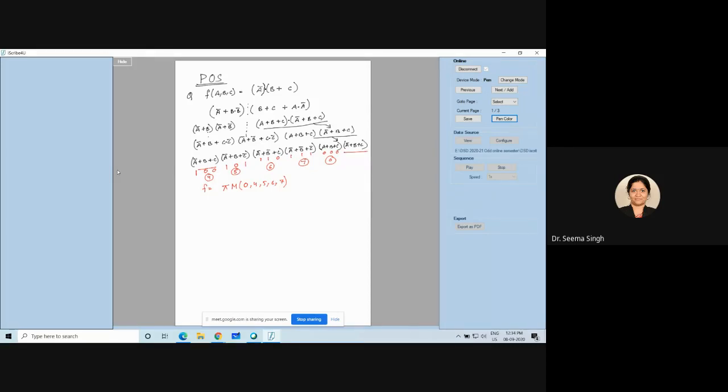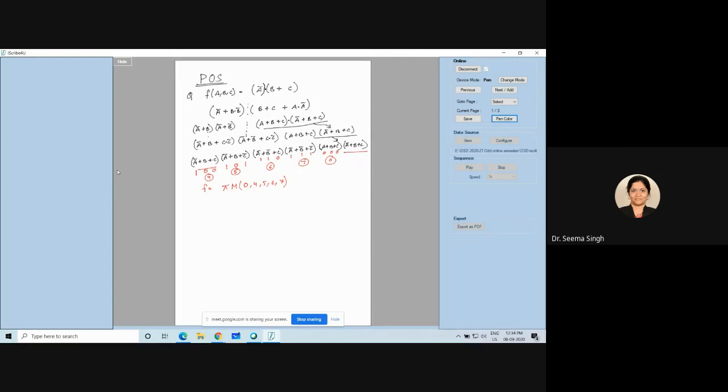Otherwise, I will go on to the next question of canonical, K-map for max term. Okay, no doubt, so I can go on to the next question.